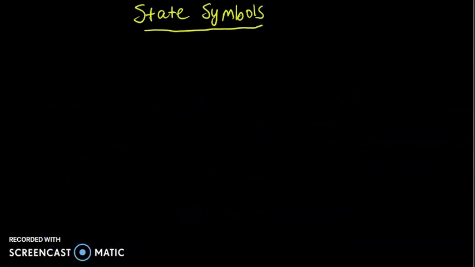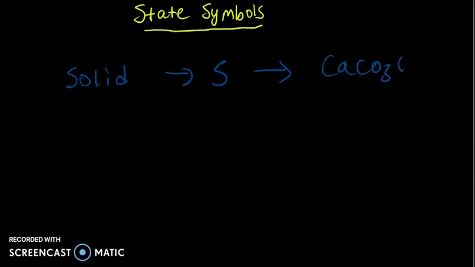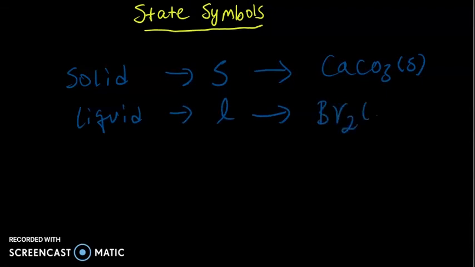Now, state symbols. I have discussed them in one of my other videos. In chemical equations, state symbols show us the state of the reactant or the product. We have solid, represented by S, and an example of a solid would be calcium carbonate. Liquid is denoted by L, and we have bromine as an example.